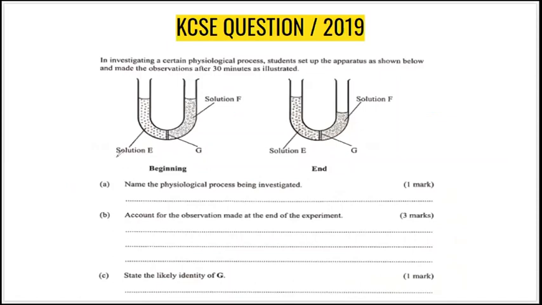Now we have a solution E, we have a G like a border, we have solution F, and this is the beginning, and after 30 minutes it becomes like that. This is the end. Looking at solution F, there is a decrease, and solution E has increased.